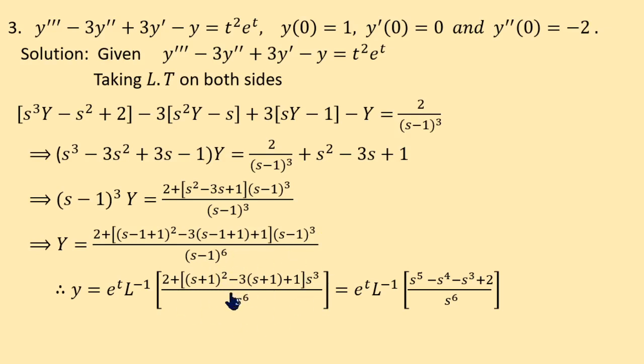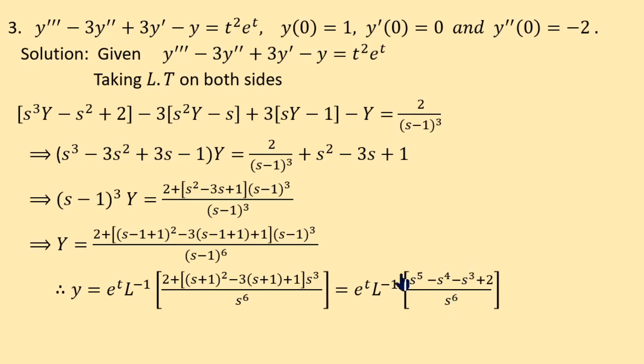Now simplify carefully. Here s square into s cube is s power 5. 2s minus 3s is minus s into s cube, minus s power 4. Then 1 minus 3 plus 1, that is 2 minus 3, is minus 1 into s cube, minus s cube, plus 2, divided by s power 6.